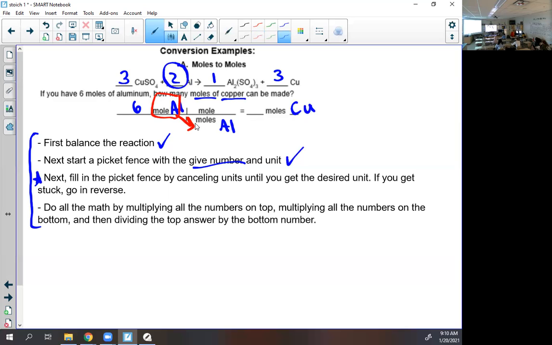There's 2 of them. Then, what do I want to solve for? Moles of Cu. So I put moles of Cu, and the number in front of that is a 3. And then I do the math. 6 times 3 is 18, divided by 2 is 9.